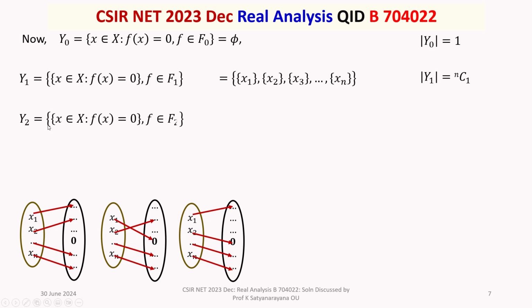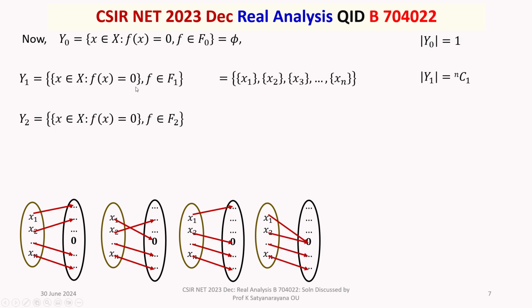Now we go to Y2. It is the set consisting of those subsets x belongs to X, f(x) is equal to 0, f belongs to F2. F2 consists of all those functions which send two elements of capital X onto 0 and the remaining elements elsewhere. There will be several functions. One such function is sending x1, x2 to 0 and the remaining elements elsewhere.